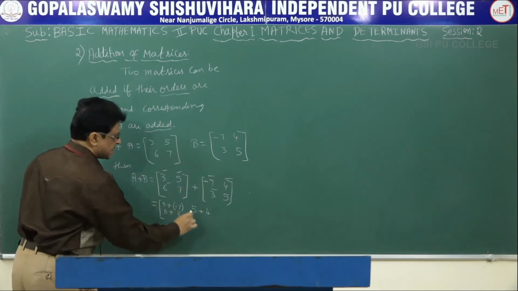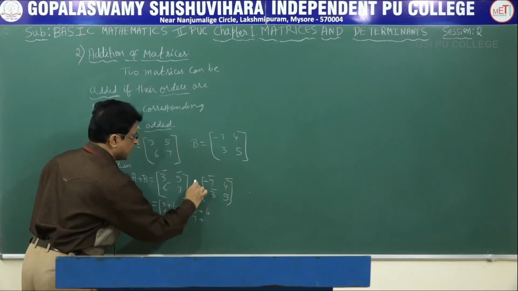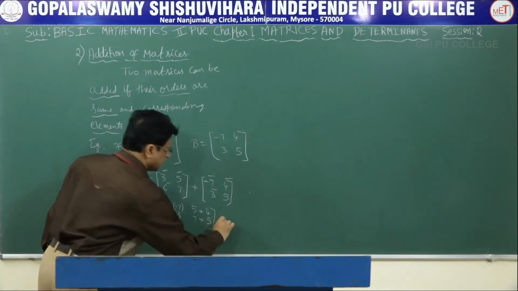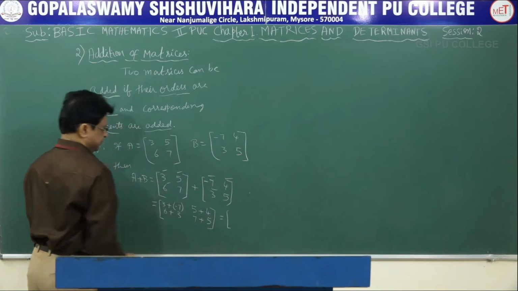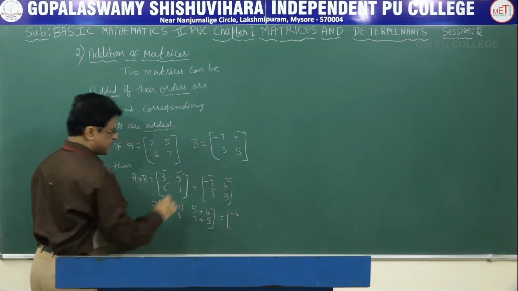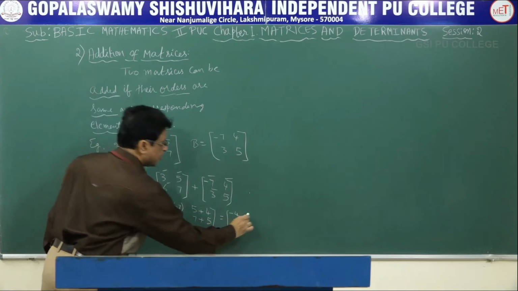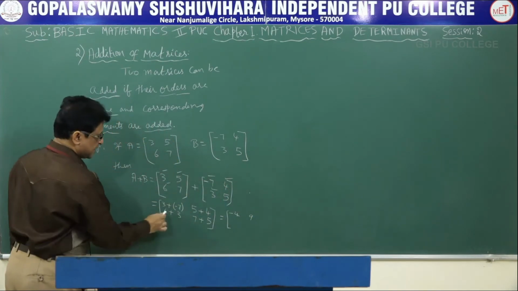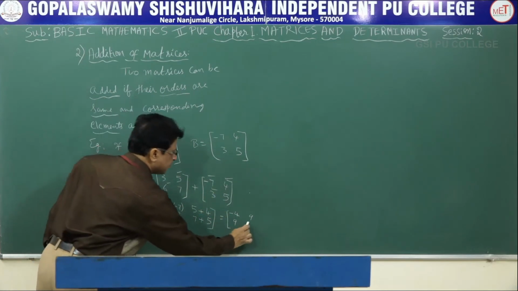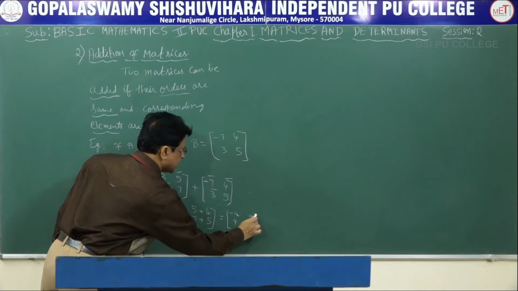Next element is 7 plus 5. So that will be equal to 3 minus 7 is -4, 5 plus 4 is 9, 6 plus 3 is 9, 7 plus 5 is 12.